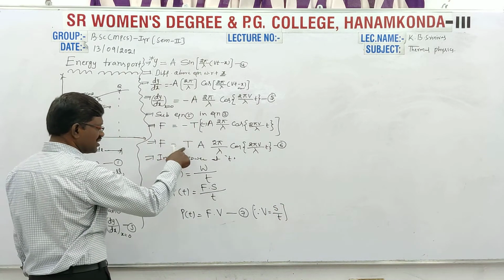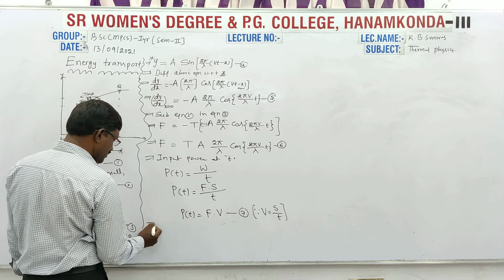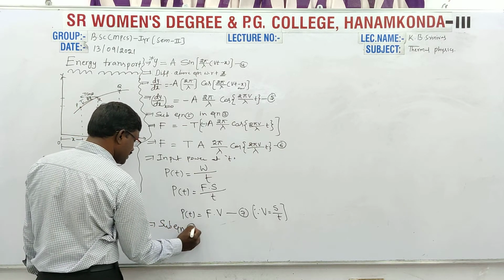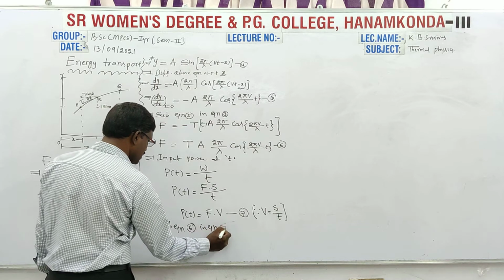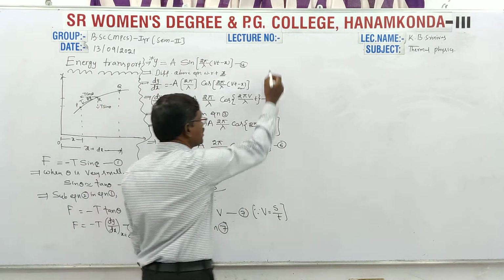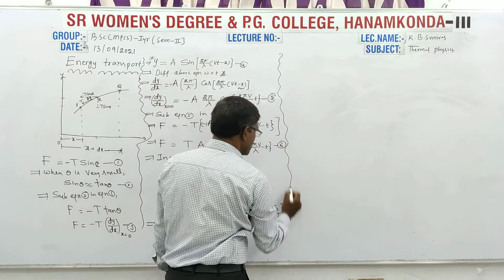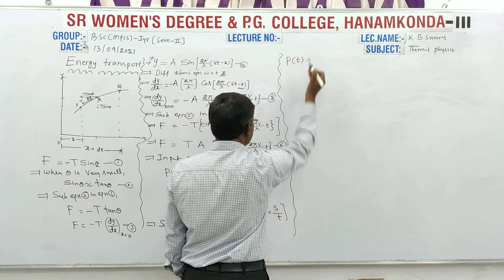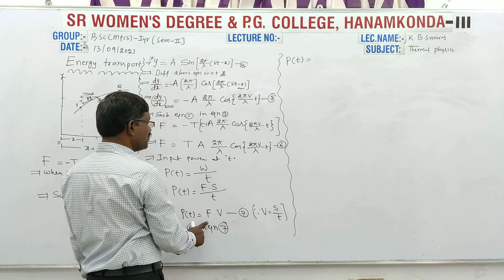So substitute this F value in equation number 7. Substitute equation 6 in equation 7. So the input power P of t is equal to, what is the F value?